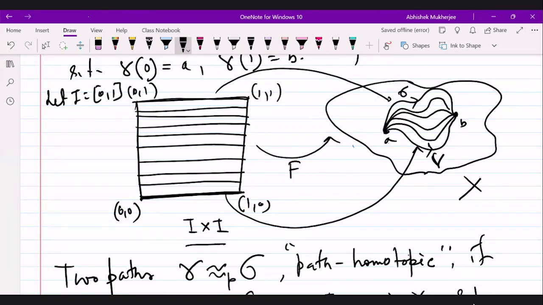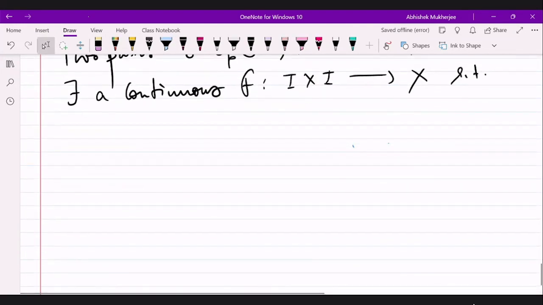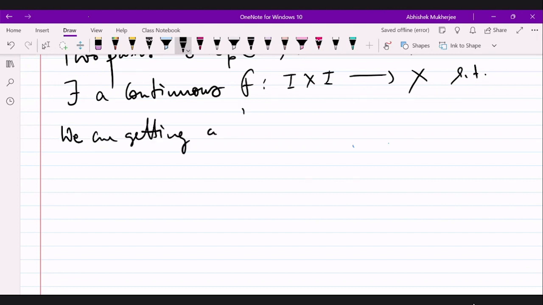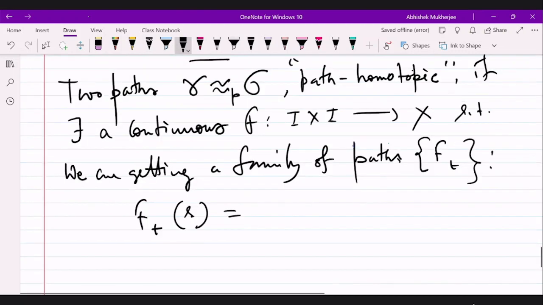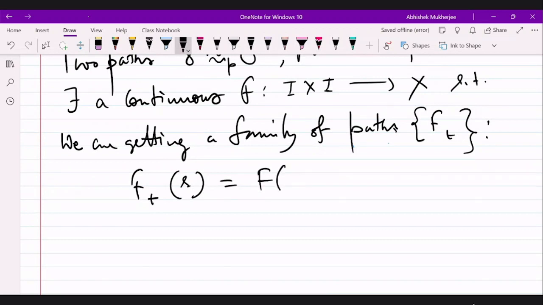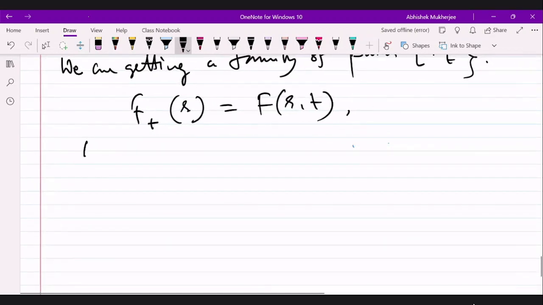Okay, great. So as has been seen before, we are getting a family of paths F_t, defined by F_t(s) equals F(s, t), where at the 0th level it will be gamma, and at the 1st level it will be sigma.